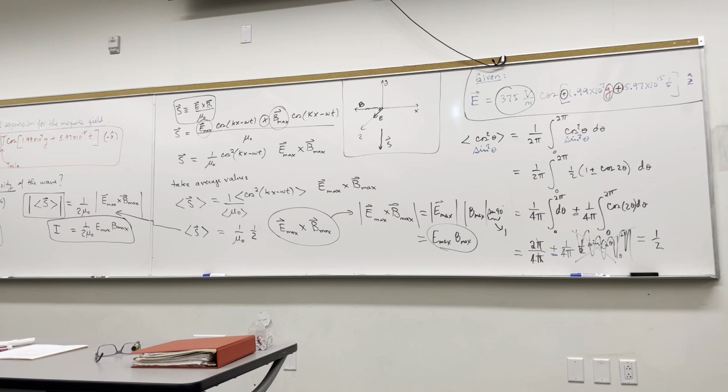What will be the direction of this cross product of E cross B? Down. That's the direction of the pointing vector, in the negative Y direction.